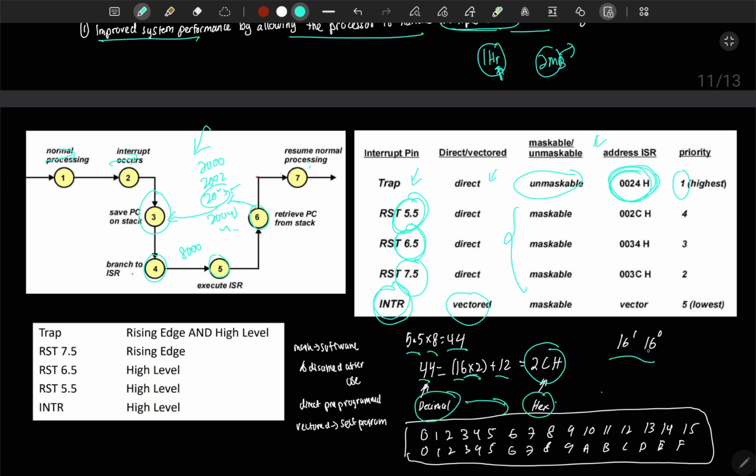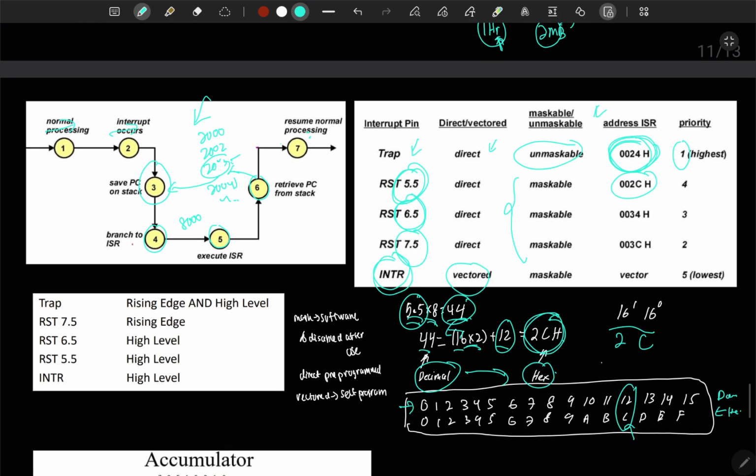This is how it works, and this is the table, with the decimal and the hex. As said, 12 in hex is C. So 2, 16 and C. For 5.5 times 8 is 44, and 44 translates to 2CH. So the vector address of the ISR for interrupt 5.5 is 2CH.